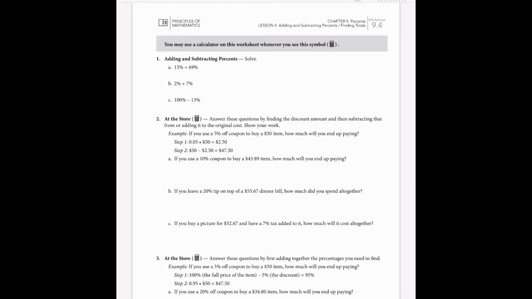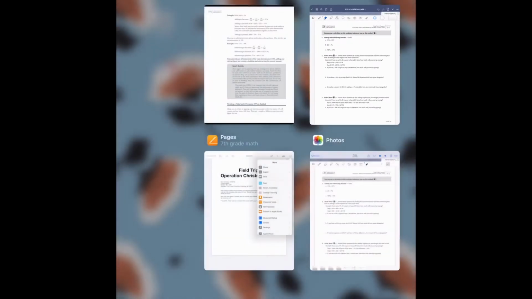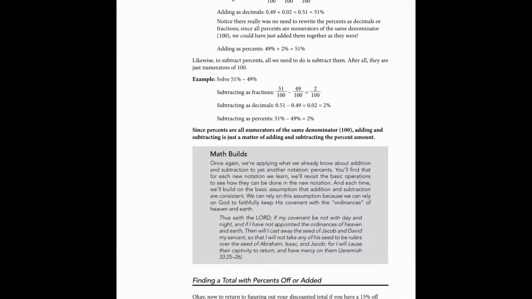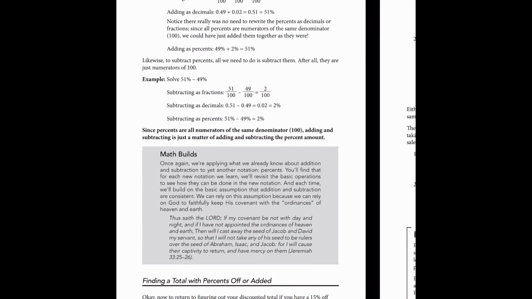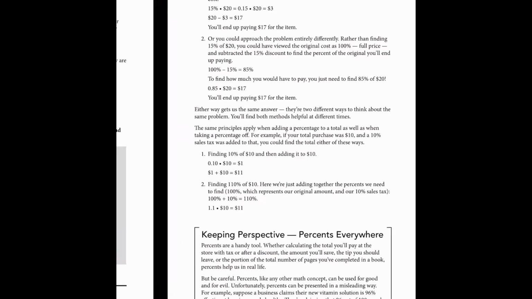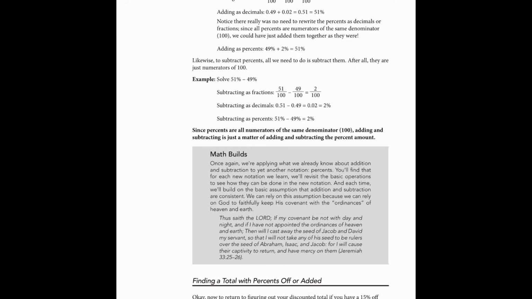Show your work. All right, so we're going to go back to our lesson, and we are going to figure this one out, all right? So now we're to return to figuring out your discounted total. If you have a 15% off coupon and use it on a $20 item, there are a couple different ways you could figure this out.